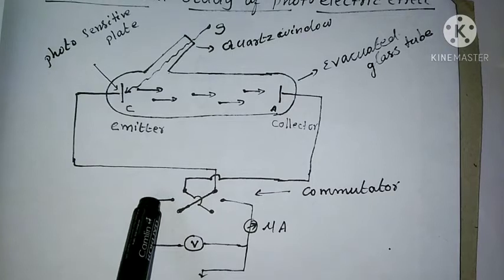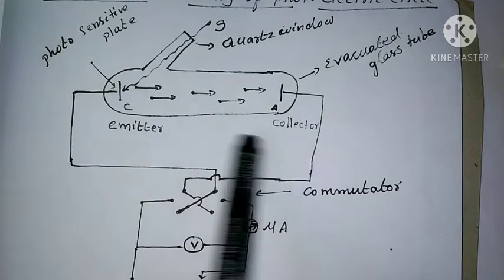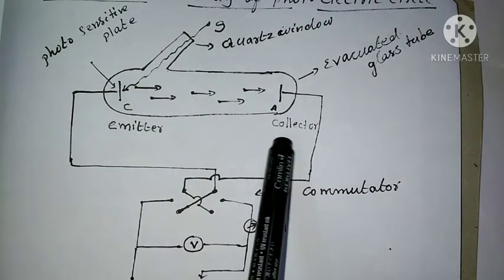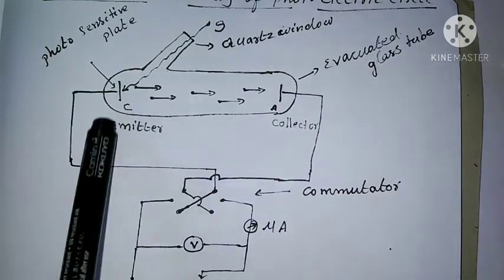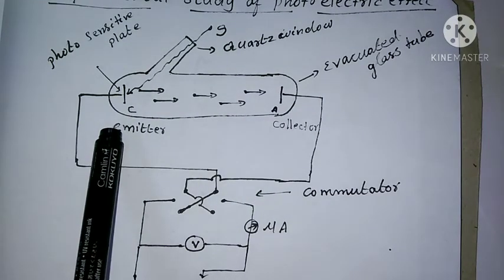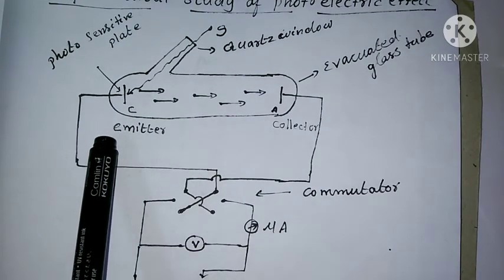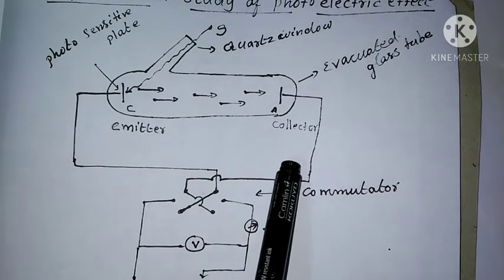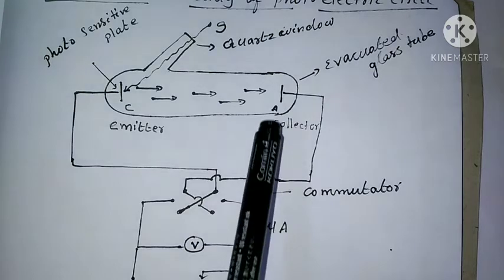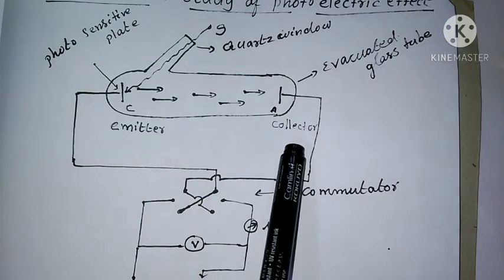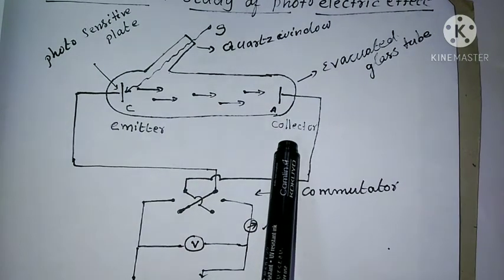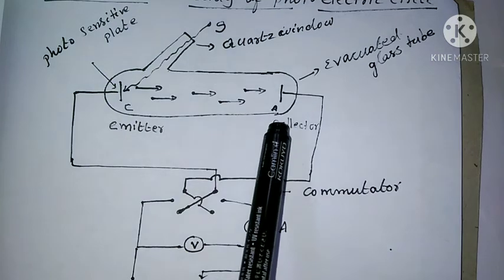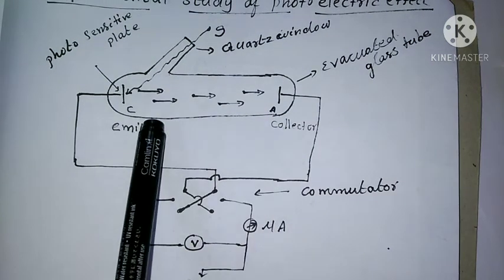Now we change the polarity of the emitter and the collector. Apply a negative potential on the collector and a positive potential on the emitter. We can see that the photocurrent decreases rapidly. When the polarity is reversed, the collector is negative, so the electrons are repelled.